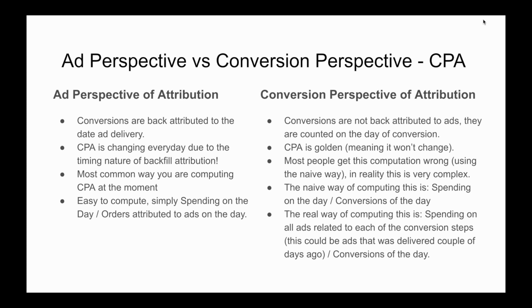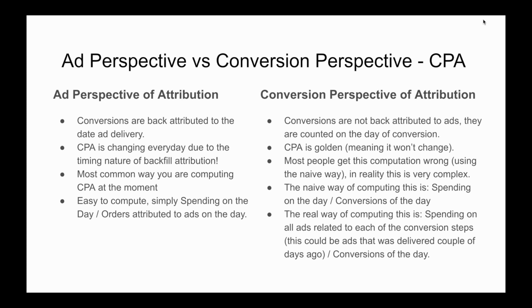However, most people get this computation wrong. I wouldn't say you get it wrong. I would say they're using the naive way of attributing. The naive way of computing is you just simply divide the spending of the day by the conversions of the day. But the problem with that is you're not counting the spending on the ads that have resulted in the conversions on the day.